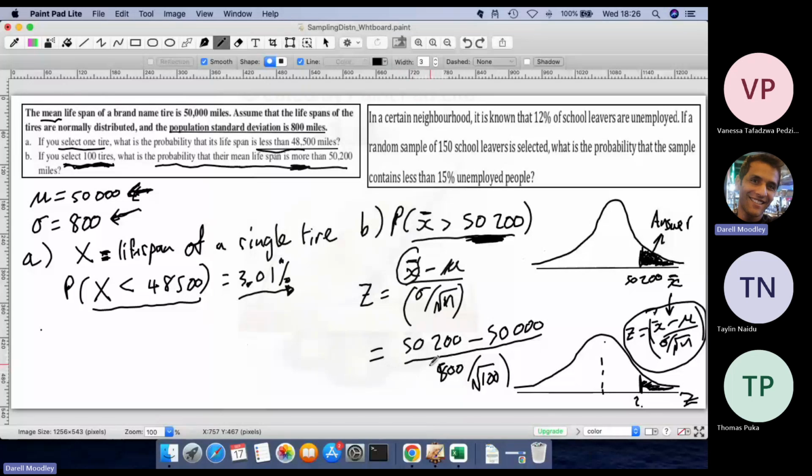If you do that, you'll get a Z value of 2.5. So in other words, this question mark here, the Z value here, is 2.5.